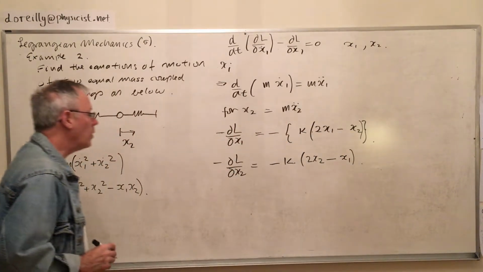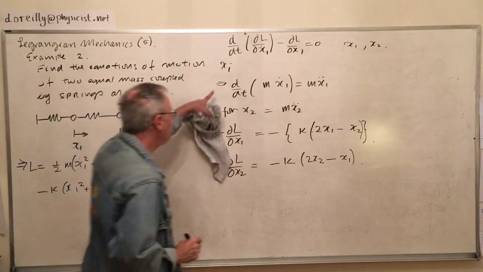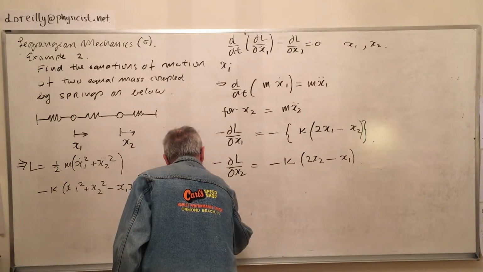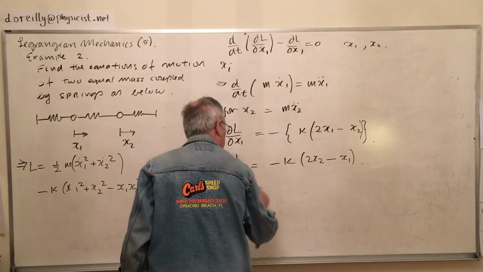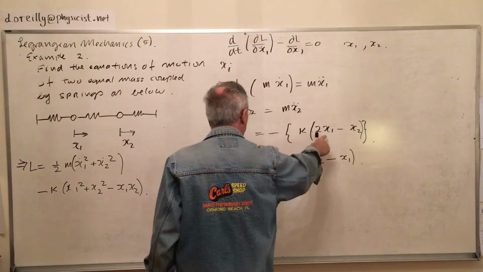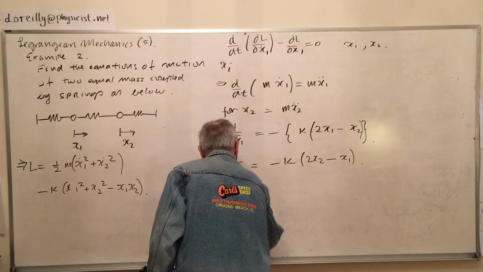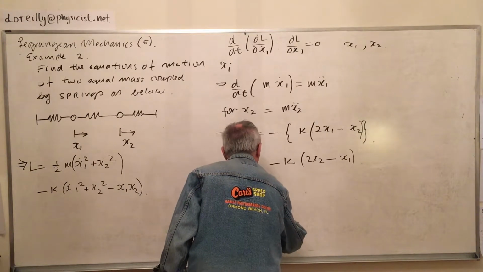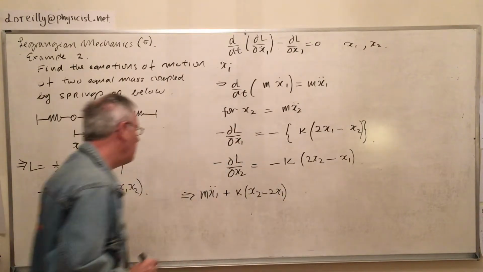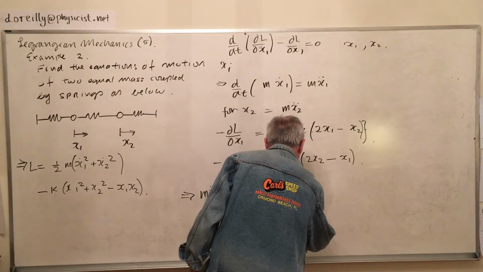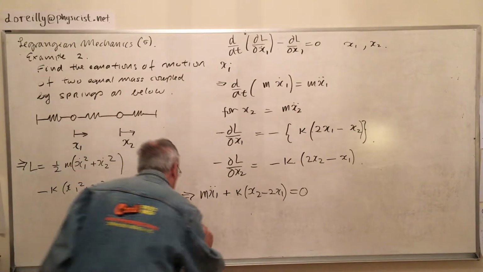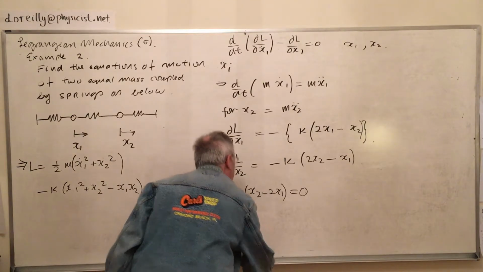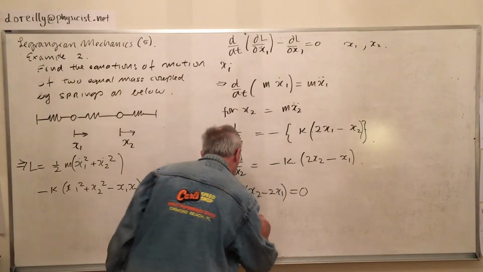Alright, so we're going to get our equations of motion. For x1, here's the first one. Now, we'll swap the minus sign here. So that's the equation of motion for the first one. And we set that equal to 0. And for the second one, we'll swap the minus sign here.